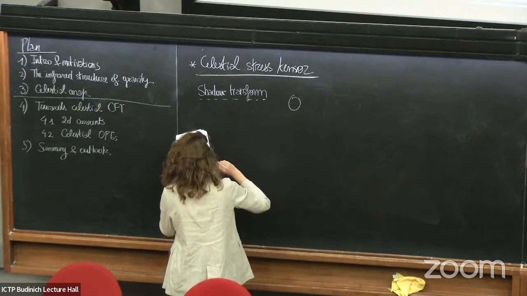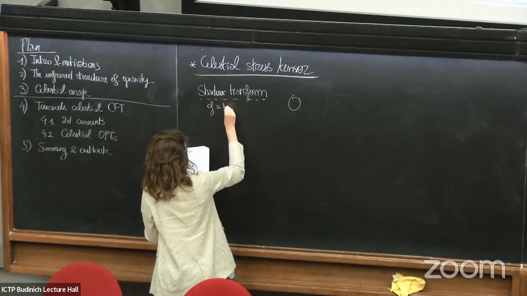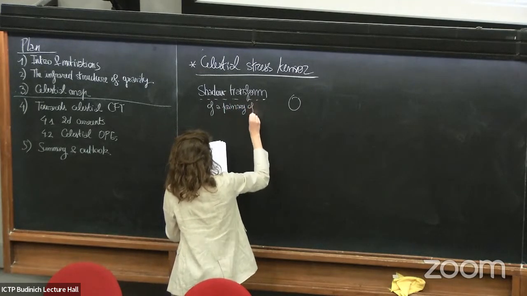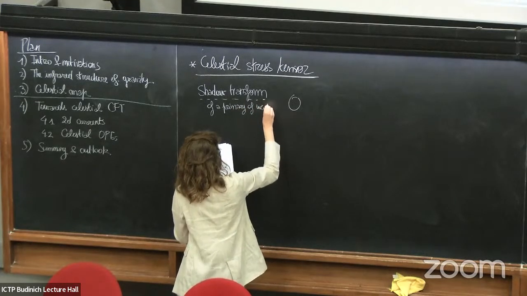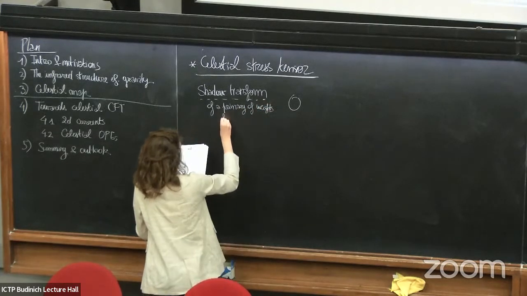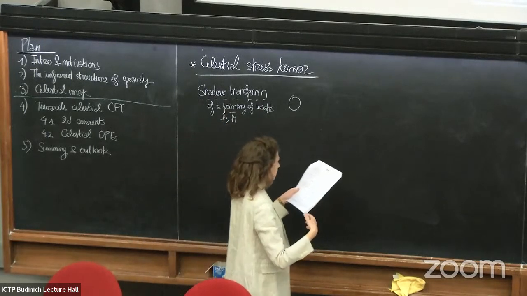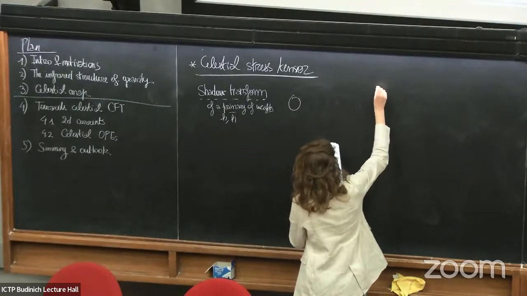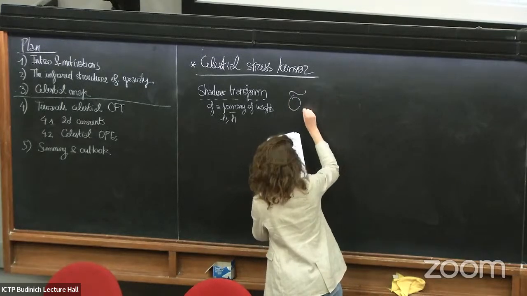So if you start with the shadow transform of a primary, you have to see a primary of weights h and h bar. Again, h and h bar can be traded for delta and J. So what is it? Define it like so.